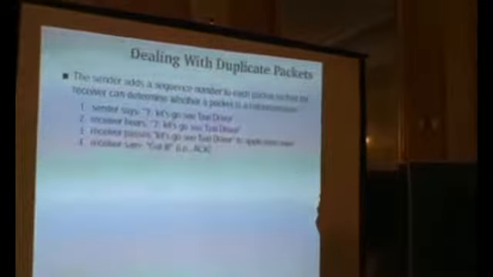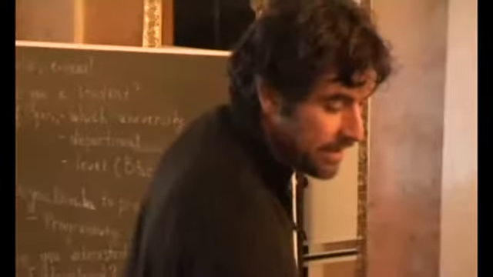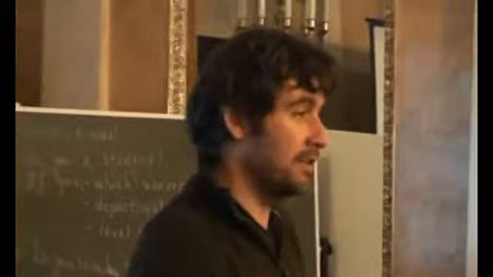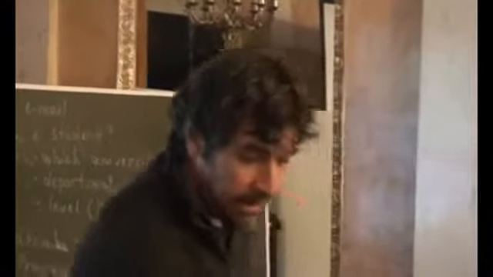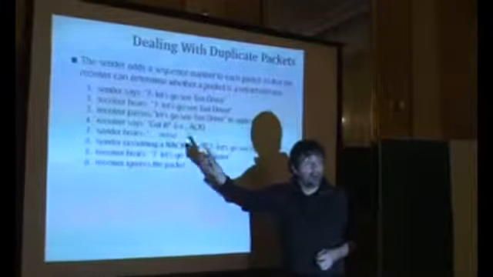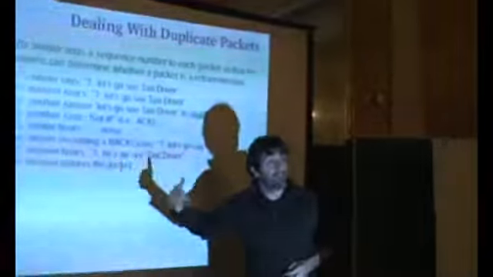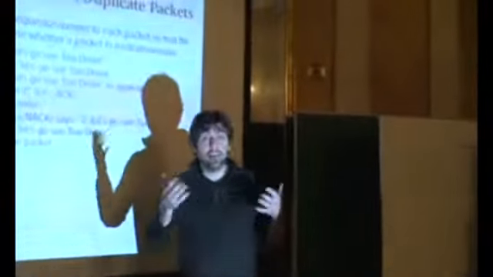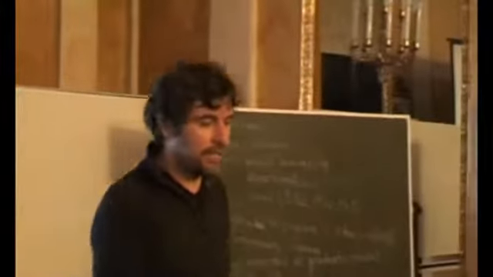Okay, thank you. And then the sender hears noise and resends 7, let's go see Taxi Driver. The receiver hears 7, let's go see Taxi Driver, and then ignores the packet this time because it knows that it already delivered data packet number 7 to the application. So we don't need to do that.